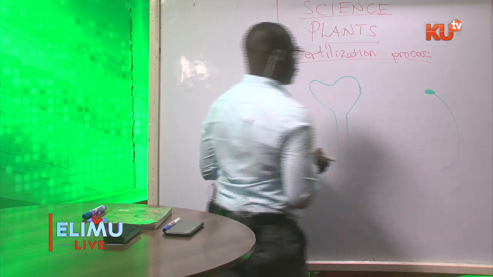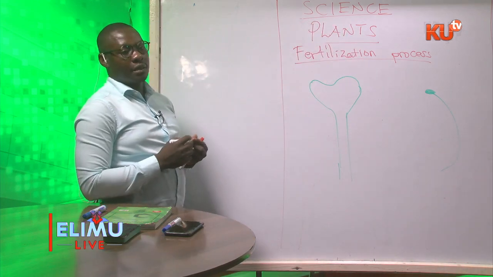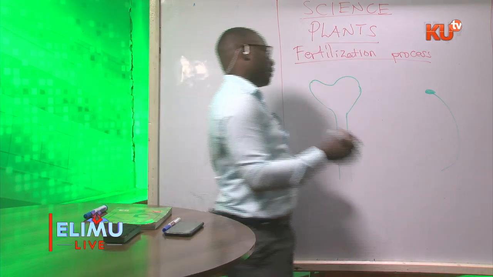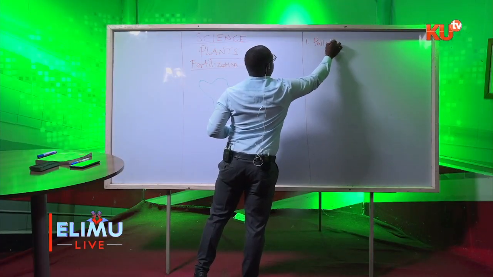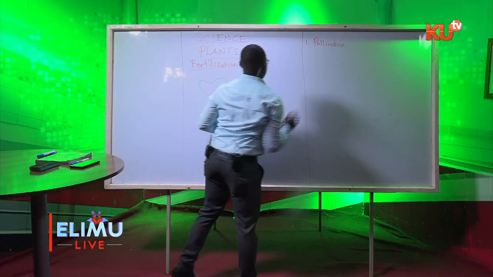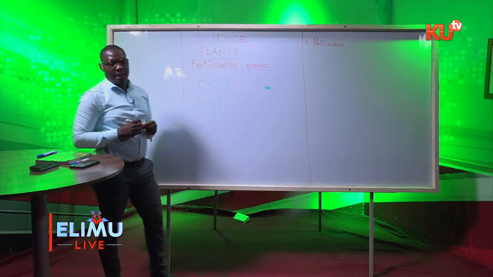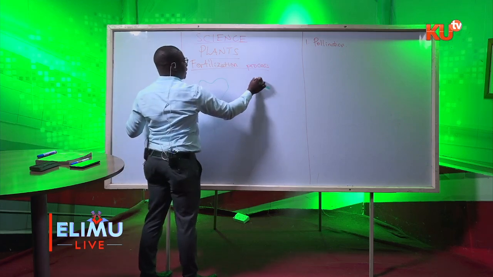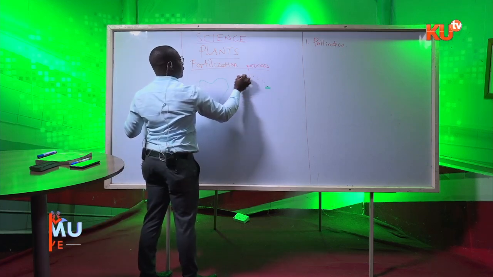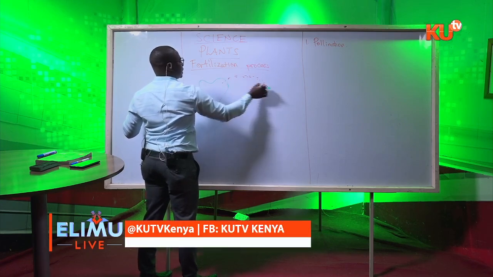For fertilization to take place, the first process, number 1, I will write here, pollination has to take place. That is the first process. The pollen grains must move from the anthers to the stigma.